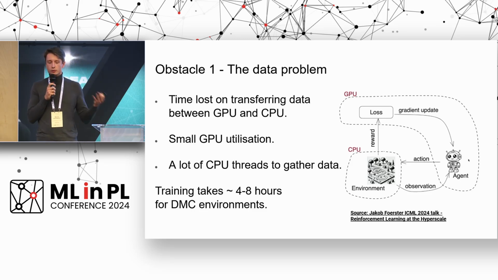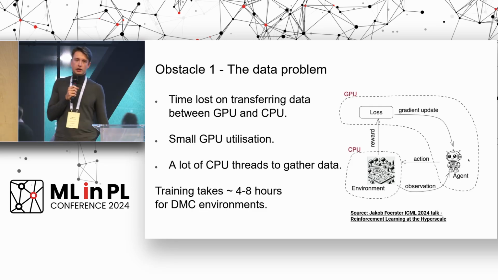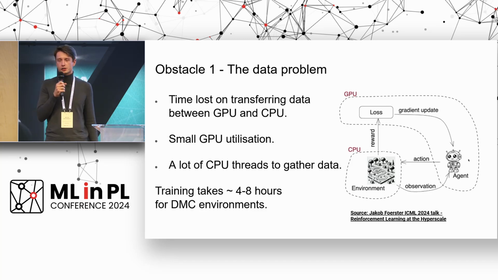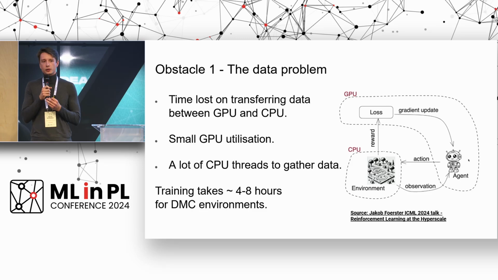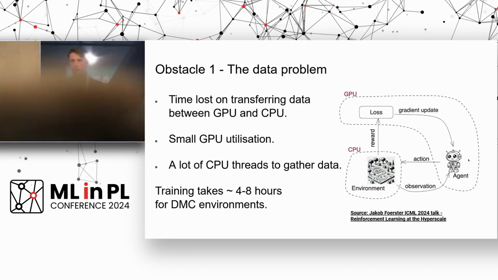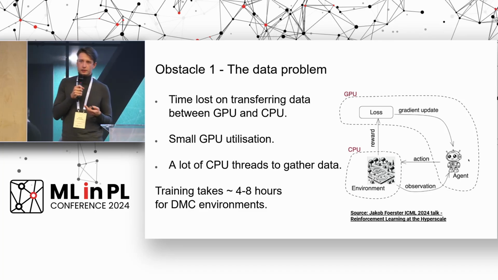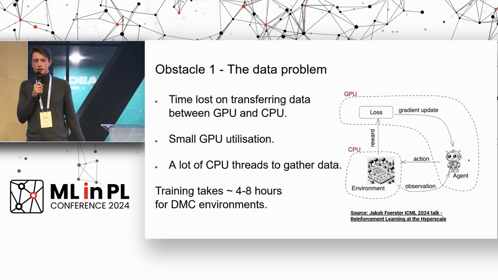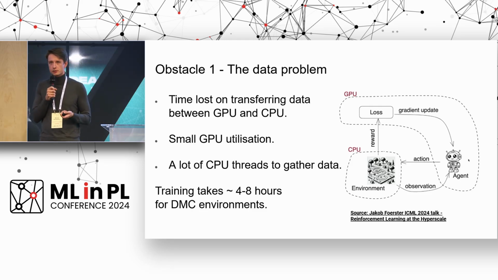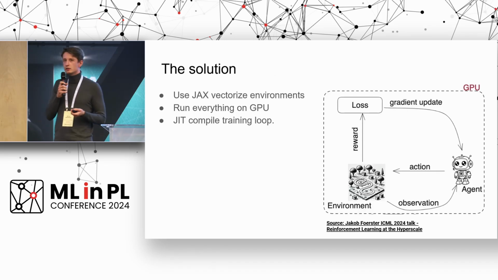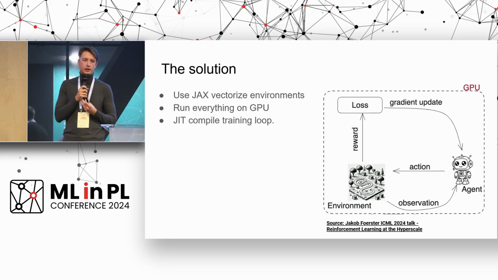And to run really big scale experiments, we would need a number of servers to gather enough data to really do big training. So to give you an example, training reinforcement learning, for example, the soft actor-critic architecture on the DeepMind control suite took around 4 to 8 hours per experiment to finish.